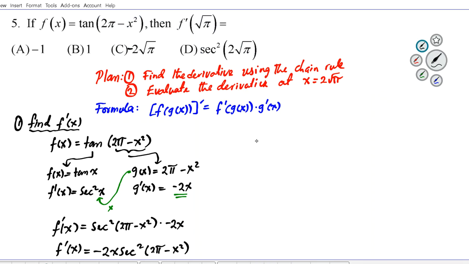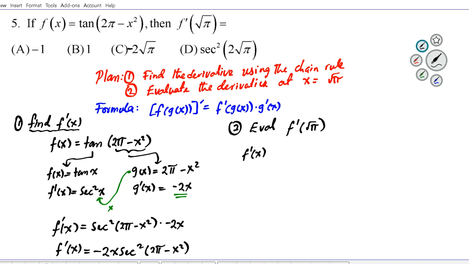So we're going to evaluate for part 2. We're going to evaluate the derivative at root pi. Okay, actually it's not 2 root pi. We're going to evaluate it at root pi. That's what we're doing here. Okay, so earlier we said 2 root pi, it's just at root pi. So let's rewrite the derivative.